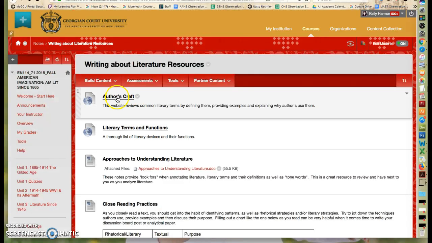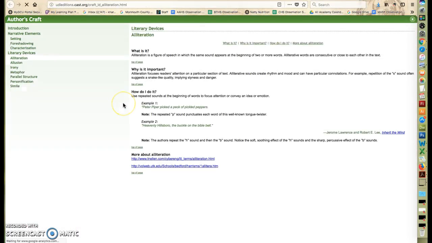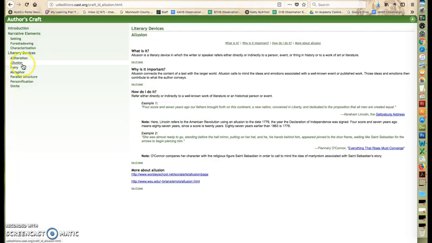The first website is called Author's Craft. It's really helpful because it provides various literary devices. It defines the literary device for you, but what I really like is that it talks about why it's important and what its function is. So if you take a look at, let's say, allusion, it gives examples, but it explains why it is important.